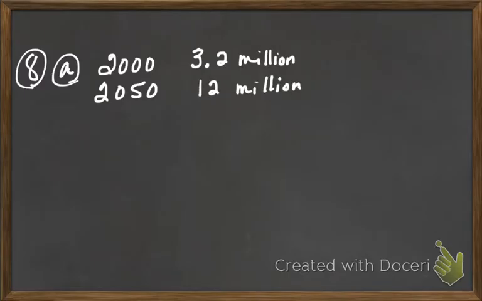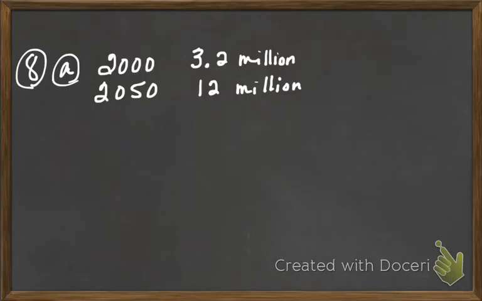Now I'm going to finish reading the problem. Use the exponential growth model, A equals A sub 0 e to the kt, in which t is the number of years after 2000, because that's our beginning year, to find the growth function that models the data. So in 8a, they're wanting you to write an equation like the first 6 problems.